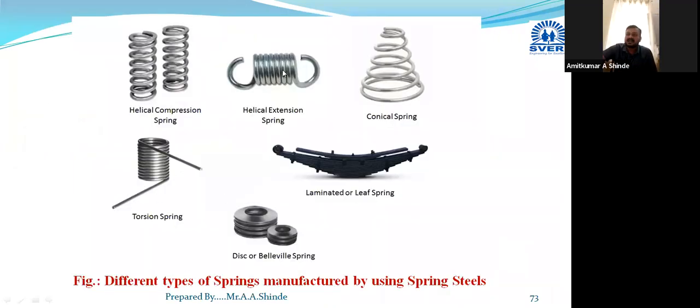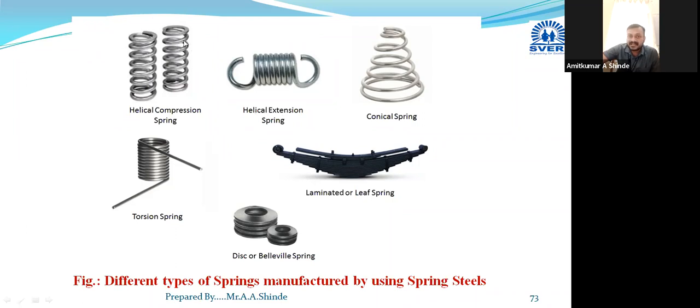Then these are different kinds of springs. That's why spring steels are largely used for manufacturing different kinds of springs. And these springs you can use for different applications in the automobile industry or in different industries. What is the purpose? To provide suspension. Now this is a helical compression spring.